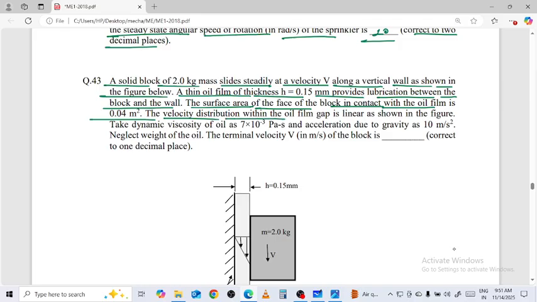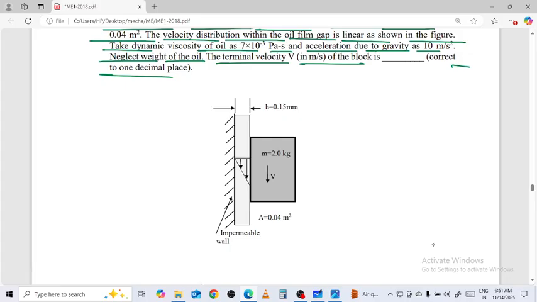Velocity distribution within the oil film gap is linear as shown in the figure. Take the dynamic viscosity of oil as 7 into 10 raised to power minus 3 Pascal second, acceleration due to gravity as 10 meter per second square. Neglect the weight of oil. The terminal velocity v of the block is to be found to 1 decimal.